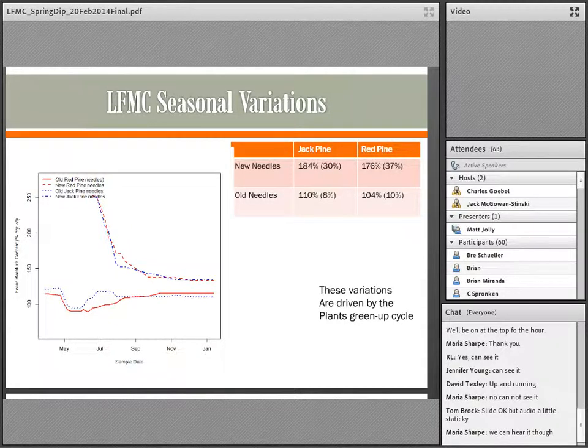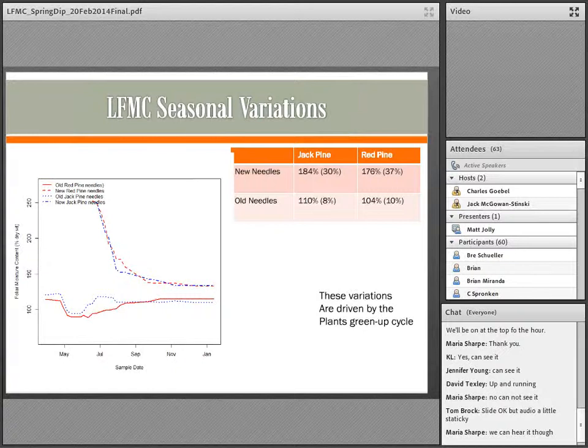The recovery period seems to be a little bit longer for red pine than jack pine. You'll notice that this dip period is very pronounced and occurs right about the beginning of May and continues through July. What you'll also see is that the trough of this dip period is the same time that we see new needles emerge. And that's important, and I'll get into that in just a minute.